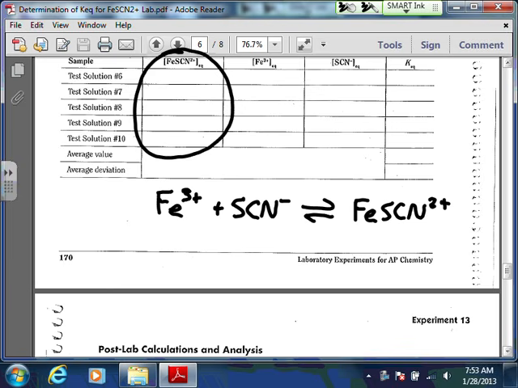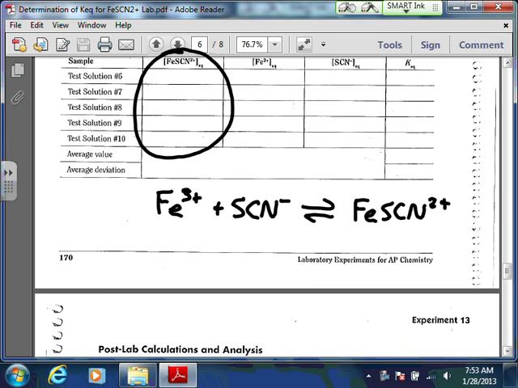And we can write an equilibrium expression for that particular equation, which is going to be Kc equals FeSCN2+ over, well, I'll tell you what, you can write this equilibrium expression.